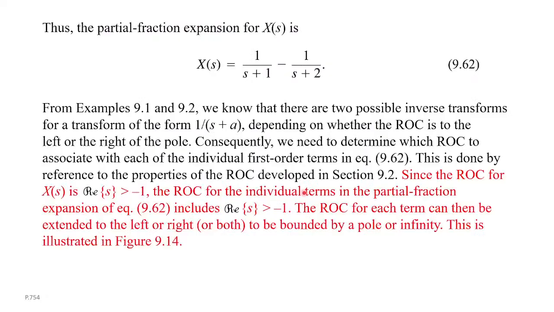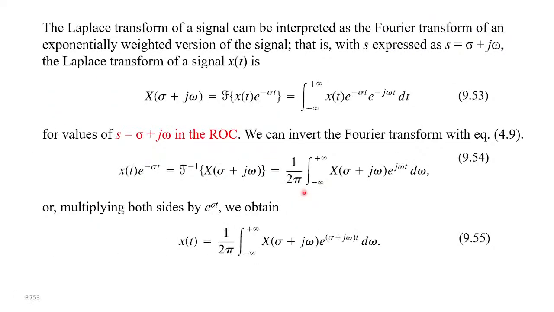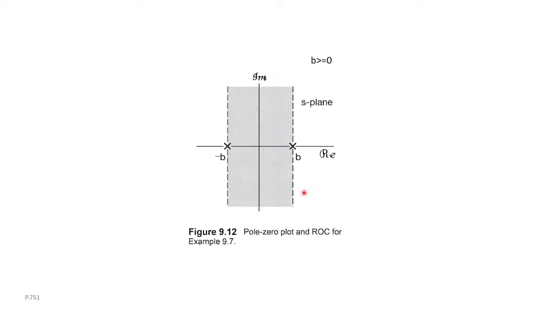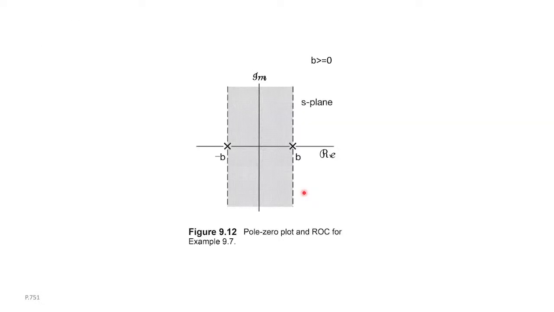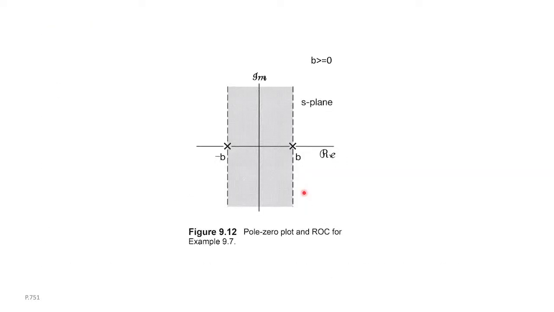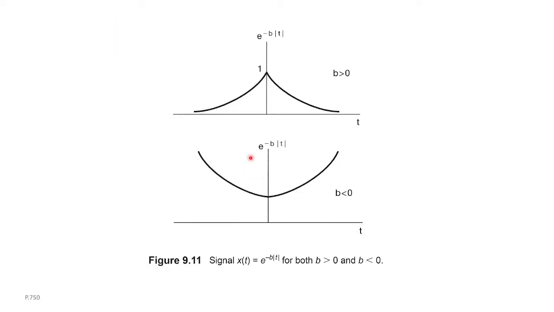Okay. So last time we went through all our 8 ROC properties. So basically, we now know ROCs are straight strips in the complex plane, and they are bounded by the poles, at least for the rational functions which we focus on.